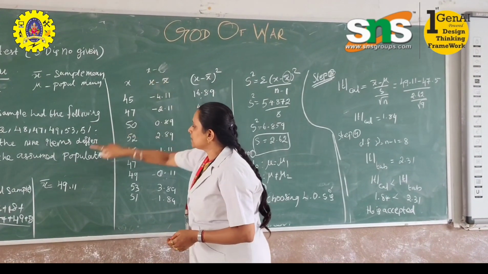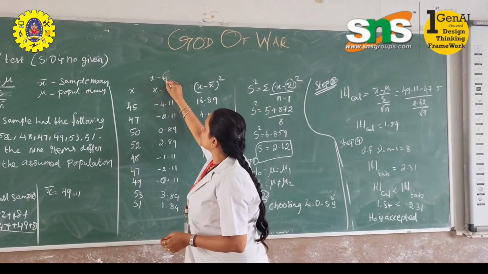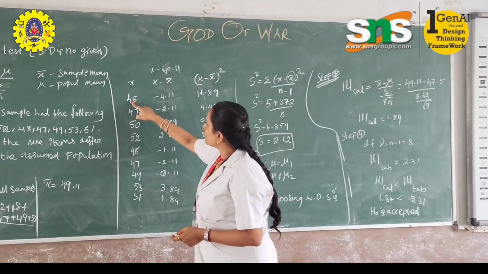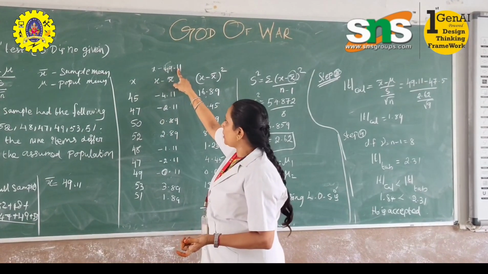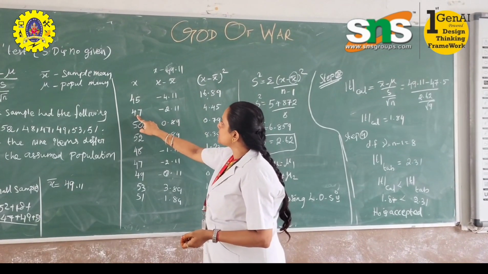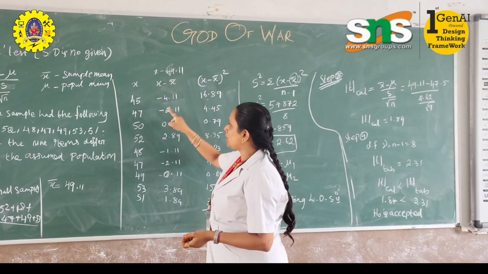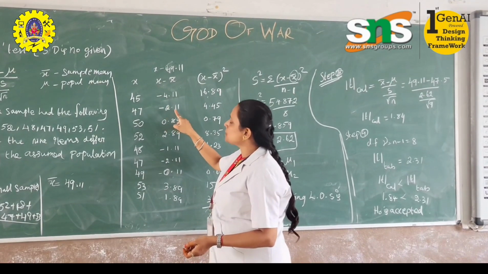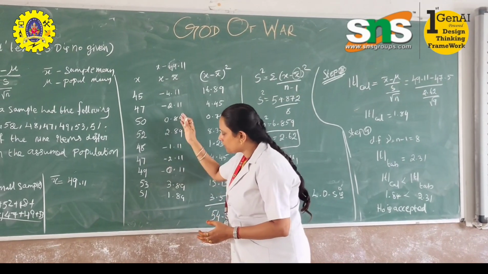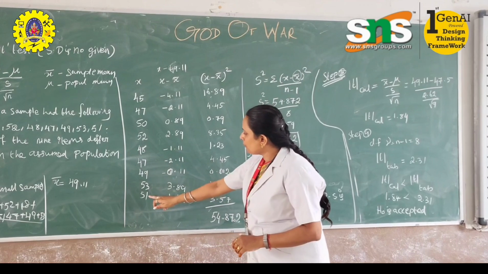This x bar is 49.11, so we subtract: 45 minus 49.11 is minus 4.11. 47 minus 49.11 is minus 2.11. Similarly we find all the values; for example, 51 minus 49.11 is 1.89.